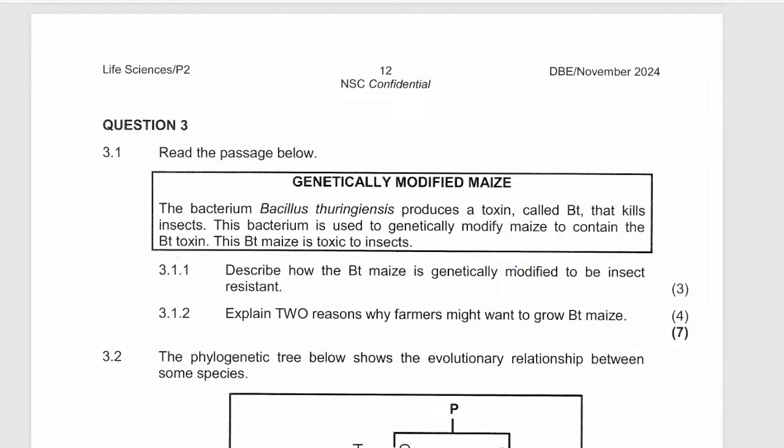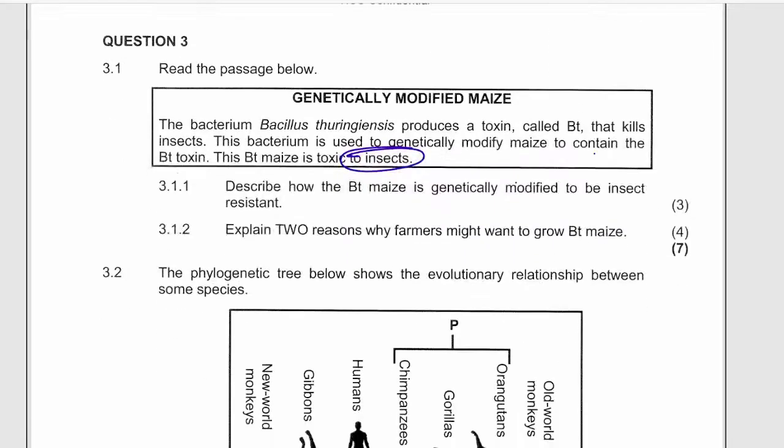This bacterium is used to genetically modify maize to contain Bt toxin. This Bt toxin is toxic to the insect. Describe how Bt maize is genetically modified to be insect resistant.